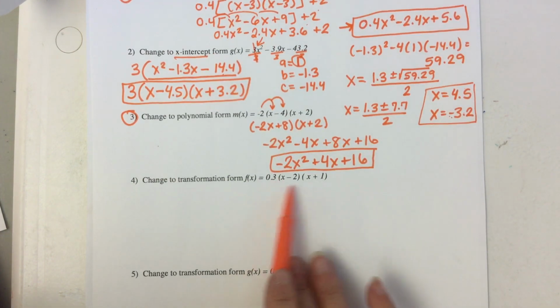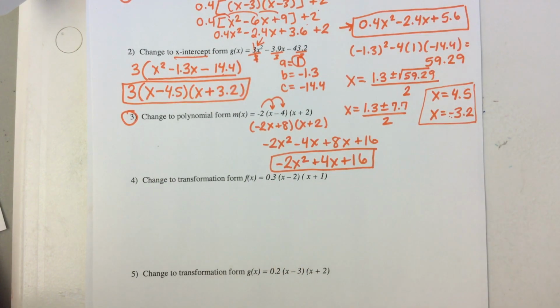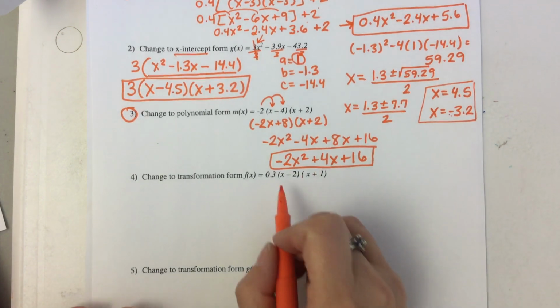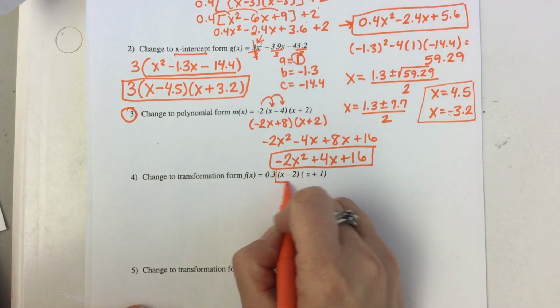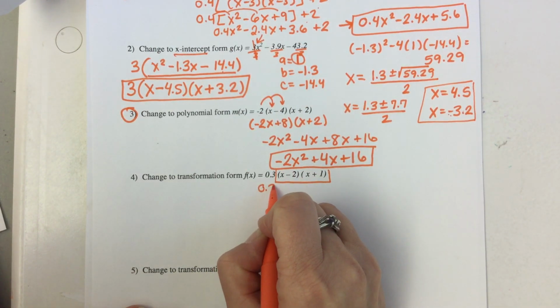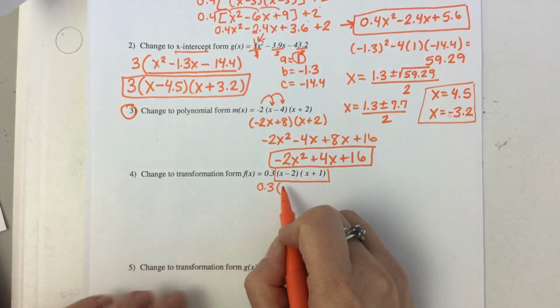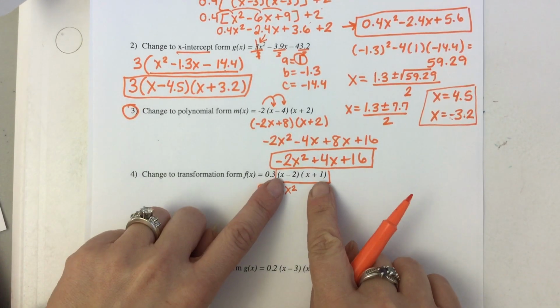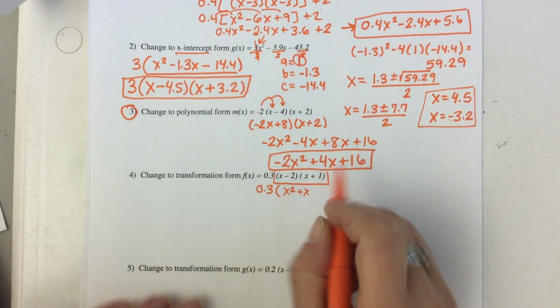If I'm going to transformation form, I like to start in polynomial form. I just think it's going to make a lot more sense. So I FOIL these two. x times x is x squared. x times 1 is 1x.